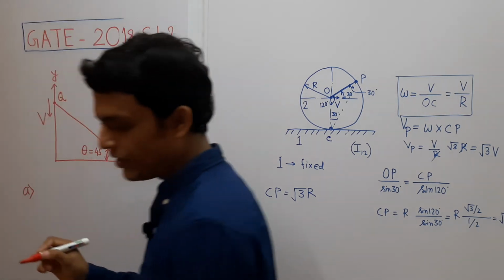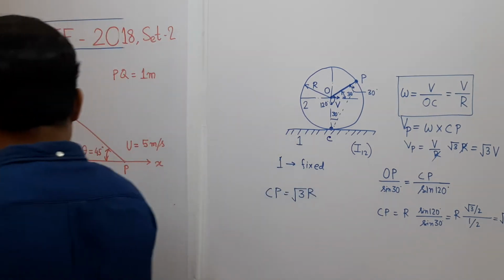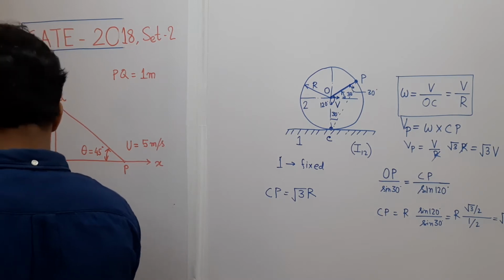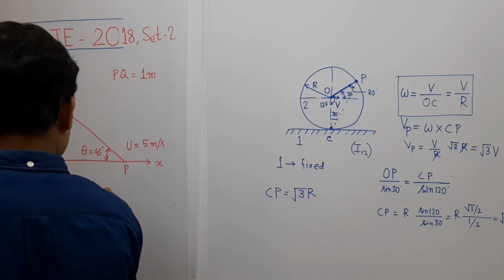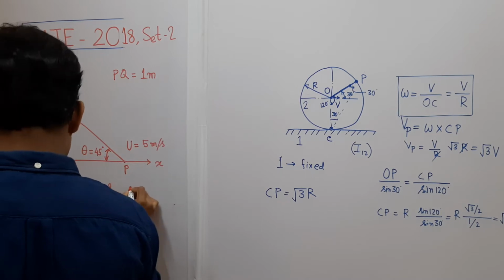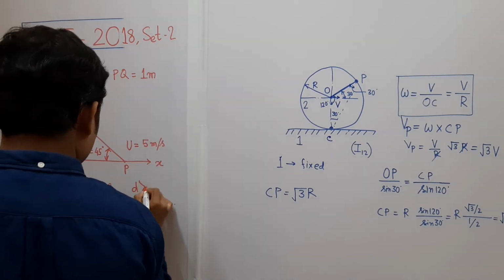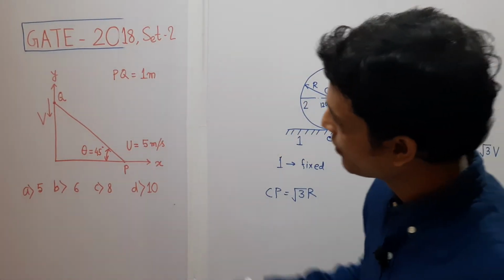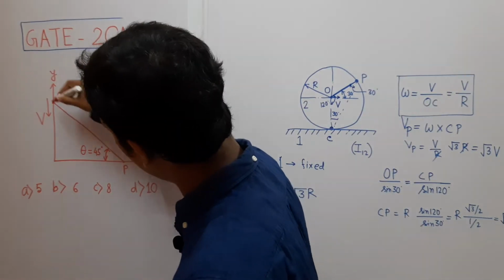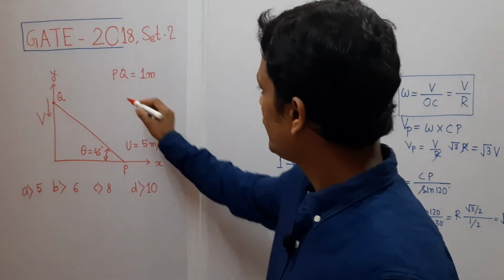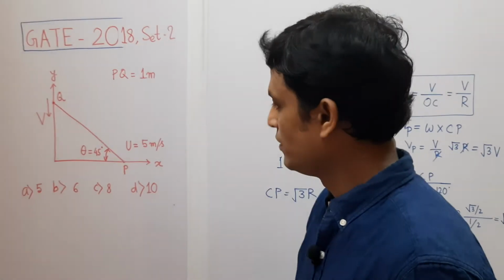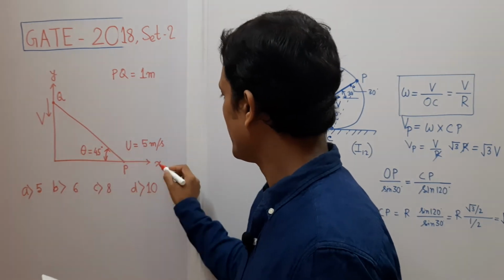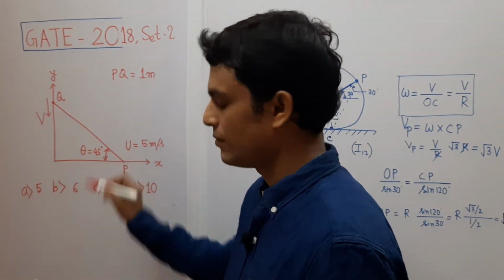The magnitude of v is in meter per second. The four options are: A is 5, B is 6, C is 8 and D is 10. I am repeating once again. This is a rigid body PQ, the length of PQ is 1 meter, and at this instant PQ makes an angle of 45 degrees with the horizontal direction, that is the x direction.